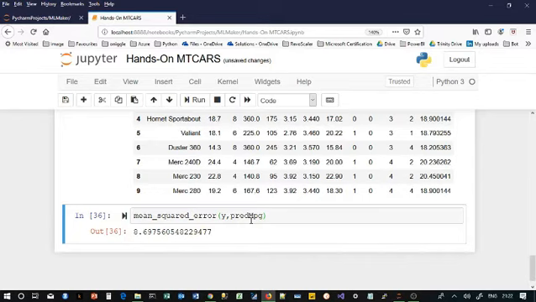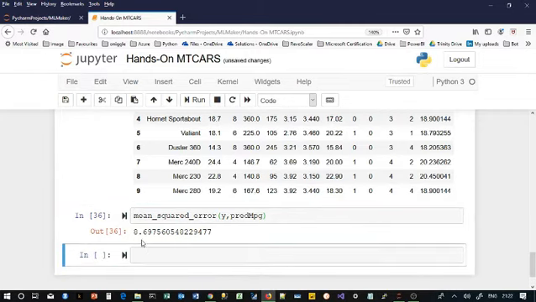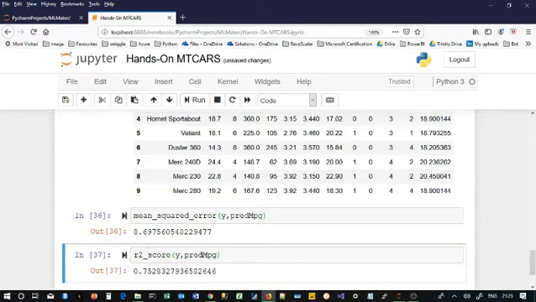Now, instead of mean squared error, there is an alternate way of looking at this metric called R square. The invocation is very simple. It's r2_score, and then you pass on the two values. R square gives a value of 0.75.